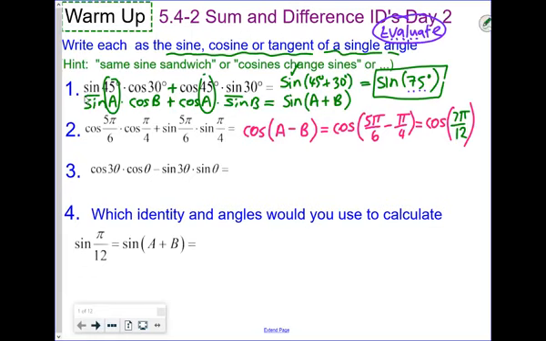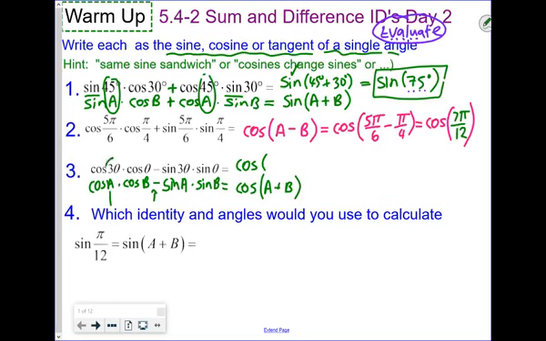And this one again, we've got cosine of A times cosine of something different, call it B, plus sine of A times sine of B. That's the identity. Cosines change signs. So what we're looking at here is the cosine of, match it up.